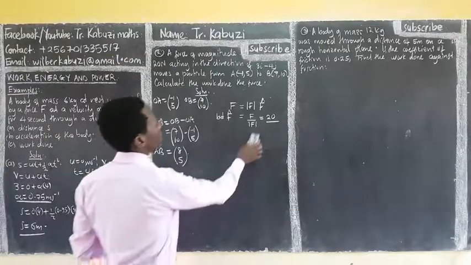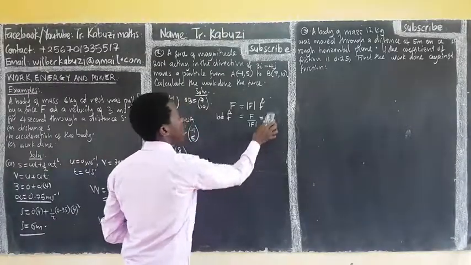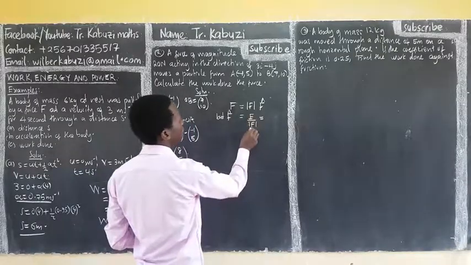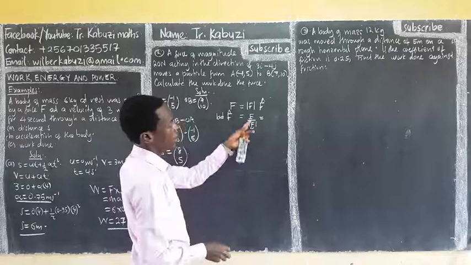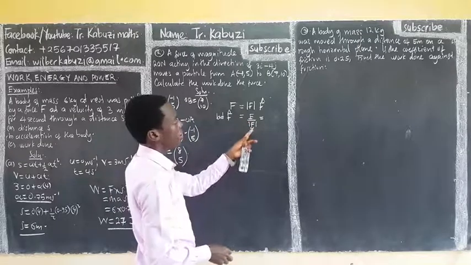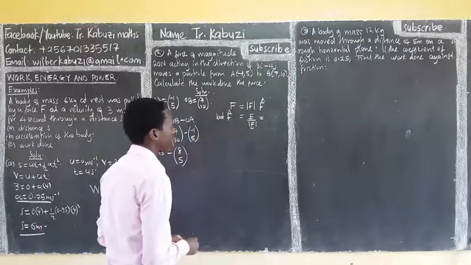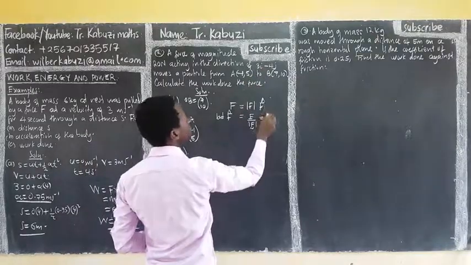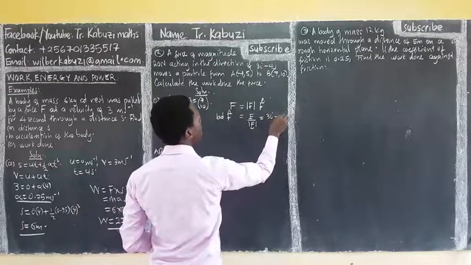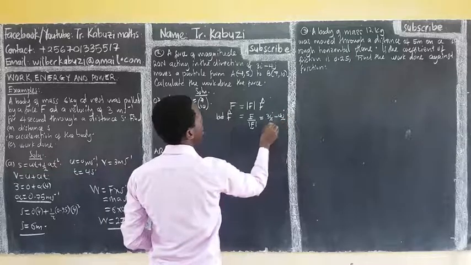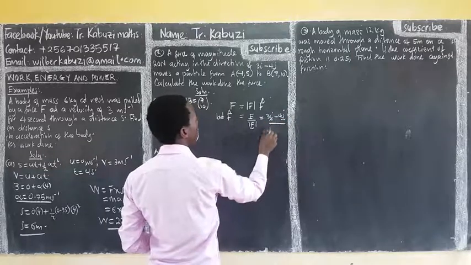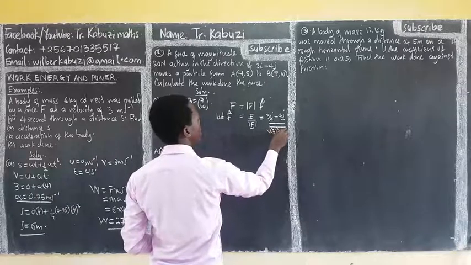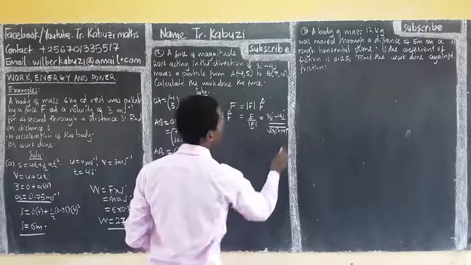Okay, so to get the unit vector of this, we get the direction of this vector and its modulus. That's when we shall get the unit vector. The direction of the force was 3i minus 4j, over the magnitude of this, which is the square root of 3 squared plus negative 4 squared.